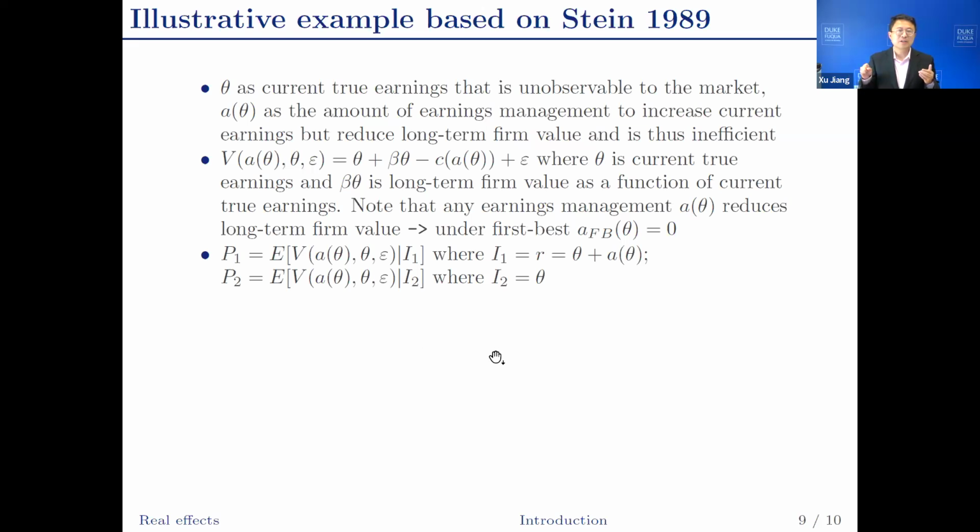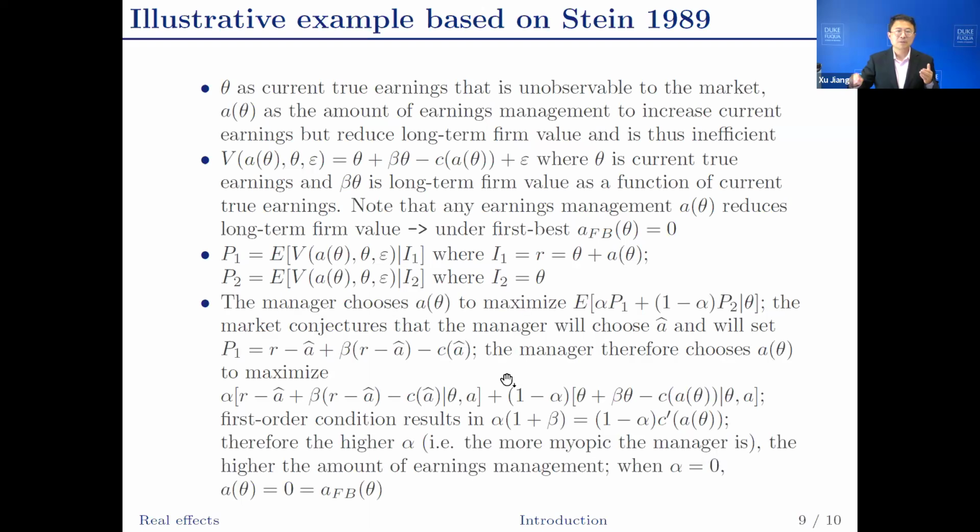Now, let's look at the general case. When theta is not observed, the market only observes a report R, which is theta plus A theta. So the manager is going to choose the earnings management strategy to maximize a weighted average of P1 and P2. Because A is an endogenous choice by the manager, we learned from the previous module that the market is going to conjecture that the manager is going to choose some A hat.